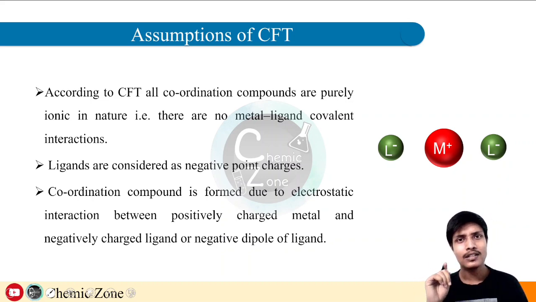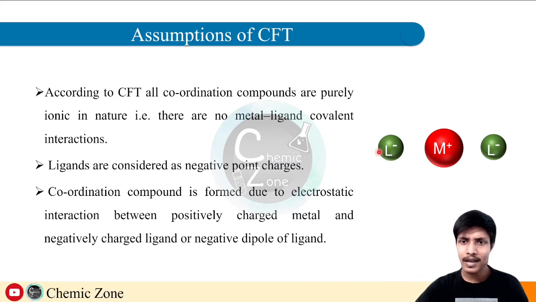That means there is no covalent character in the metal-ligand bond, and these ligands are considered as negative point charges. Since the metal ion is positively charged and the ligands are negatively charged or negative dipoles, they have an electrostatic interaction to form coordination compounds.